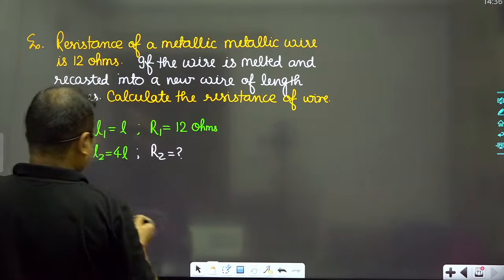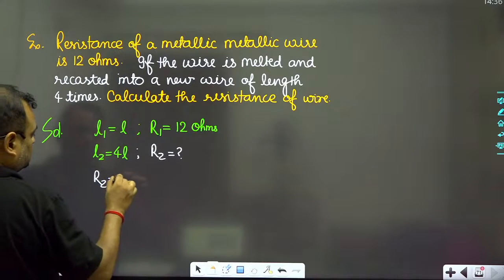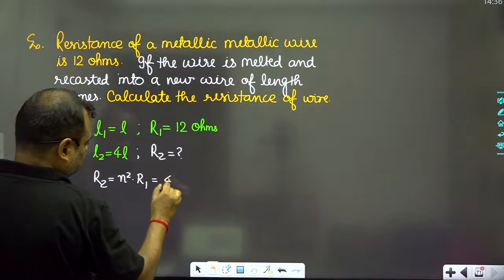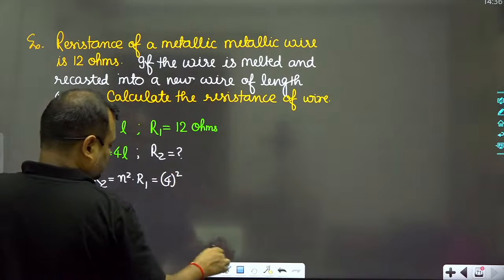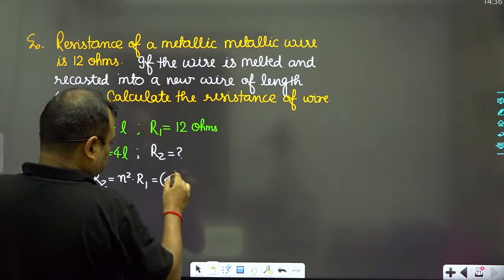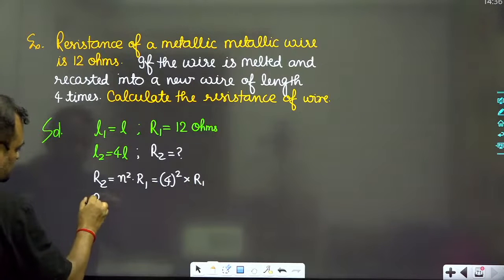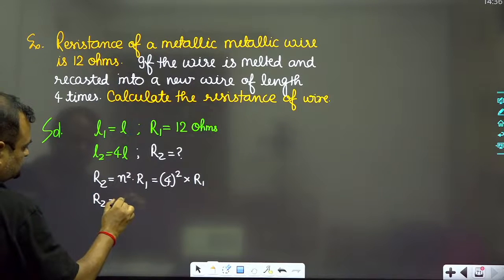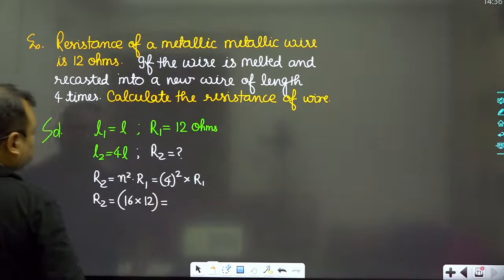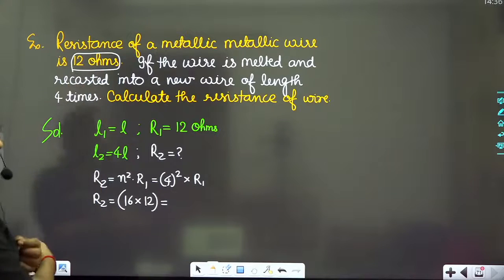R2 will be equal to N square into R1, which is 4 square into R1, so R2 will be equal to 16 times 12. And this will be the correct answer, because initially the resistance is 12 ohms.